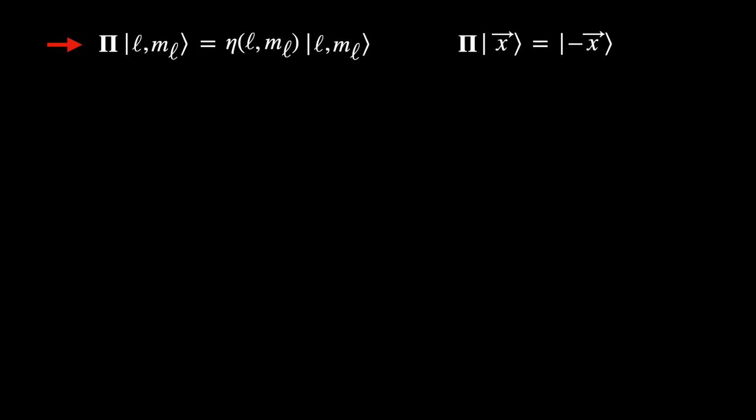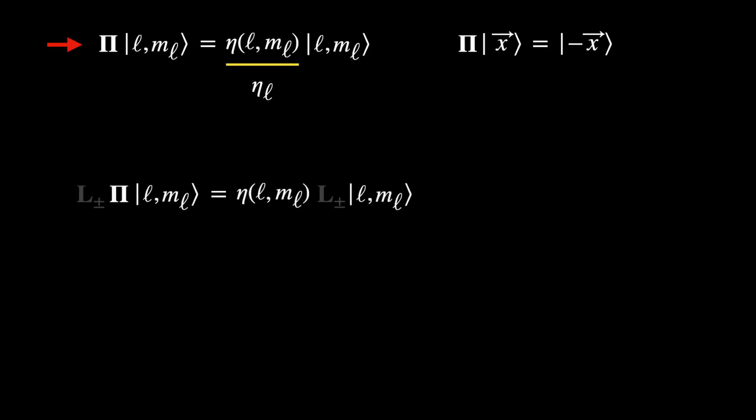Since we are on the subject of orbital angular momentum, let's see what are the parities of its eigenstates. It is not difficult to see that eta can only depend on L. Let's apply the ladder operator of angular momentum on both sides of this equation. On the right-hand side, we get a different state in the same L multiplet.